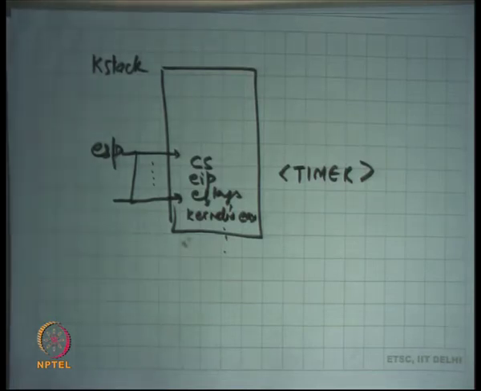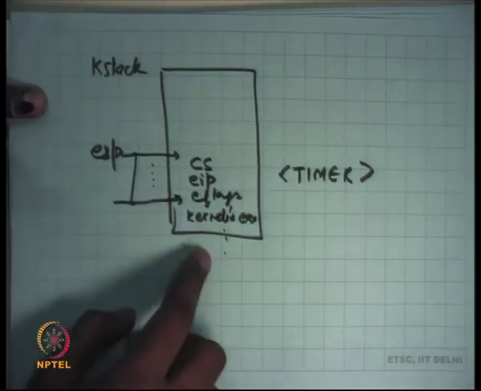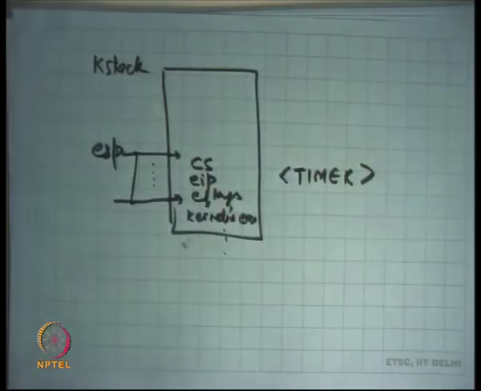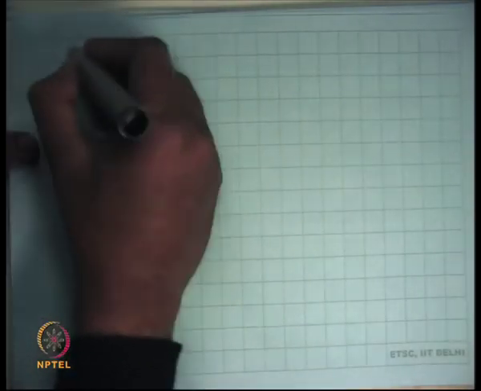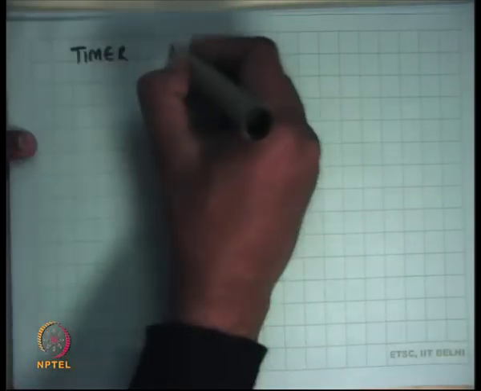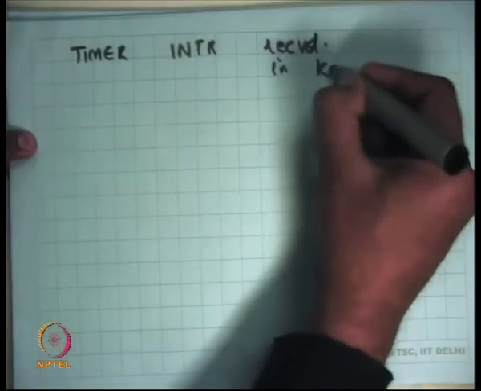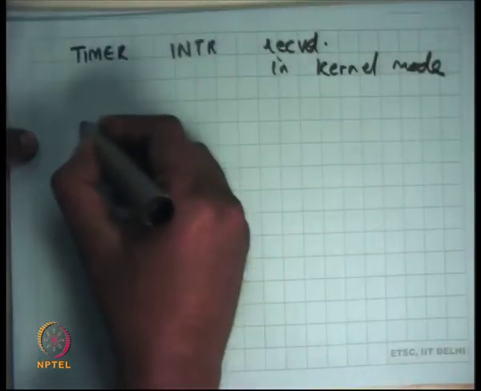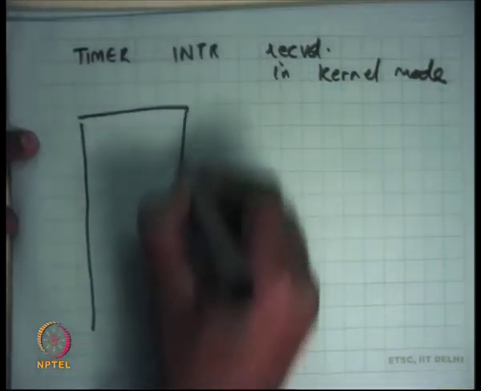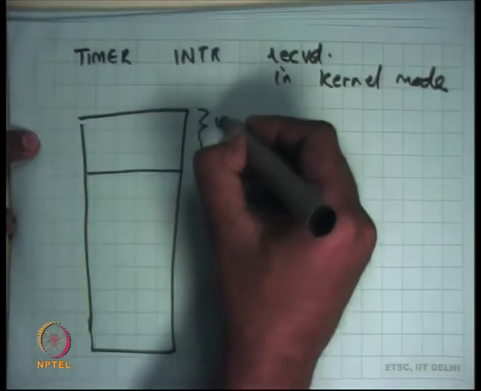You are still going to call the scheduler, which may again attempt a context switch, but that is okay, because what will happen is a context switch will happen and this kernel stack will actually have two trap frames in it. So if a timer interrupt is received in kernel mode, and let us say you context switched, then this was P1's K stack, you will have the user trap frame.